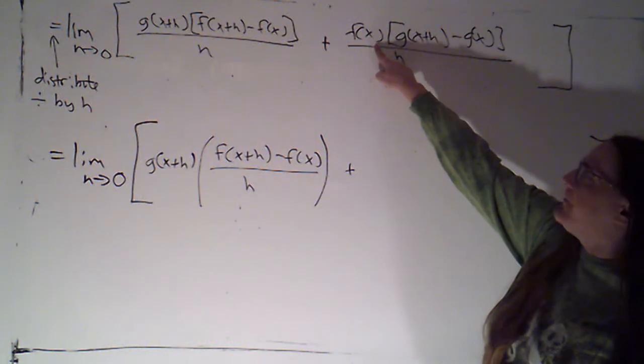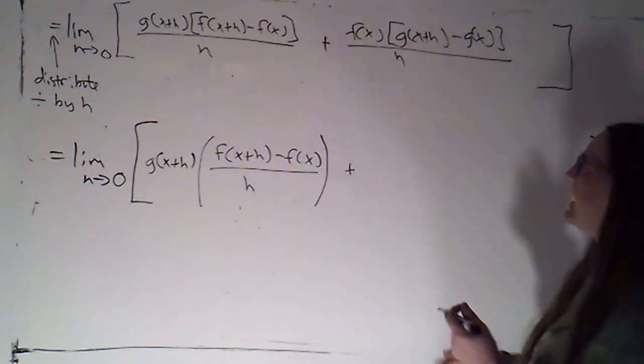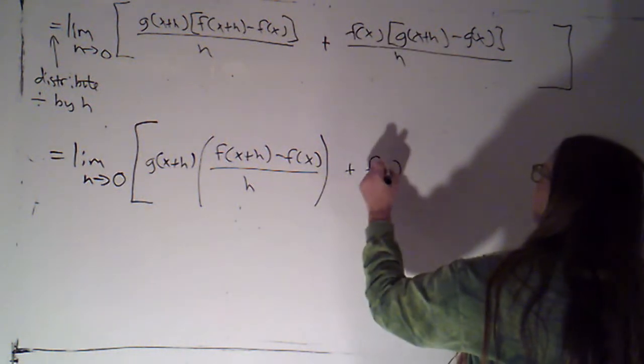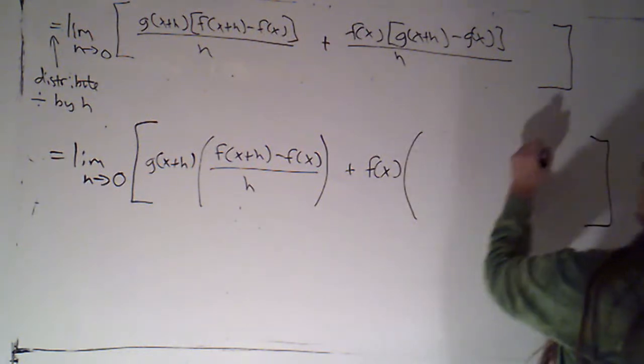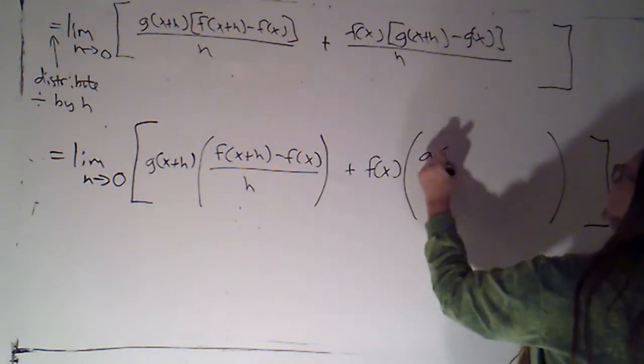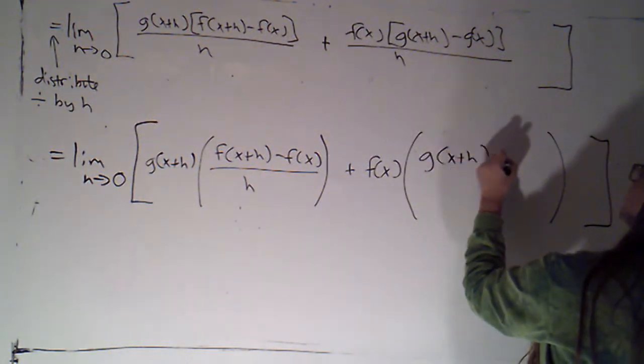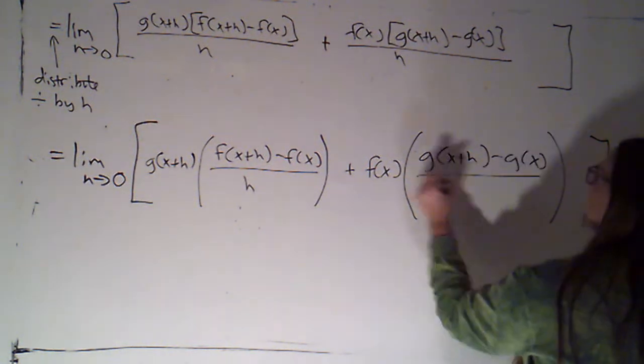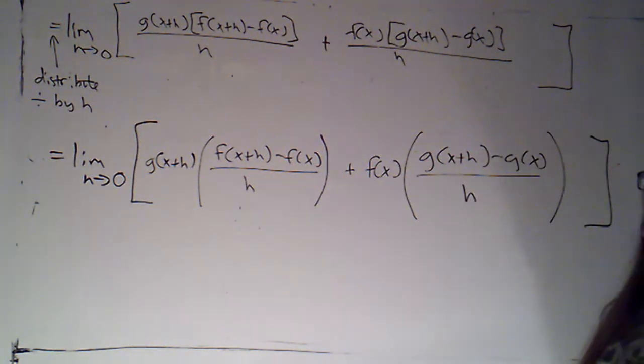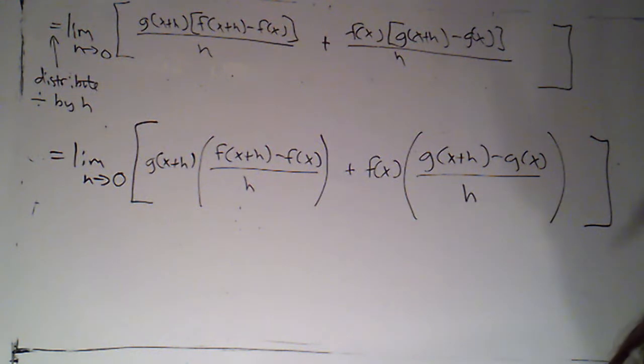I'm going to take that f of x, that first factor, and I'm just going to slide it off to the side, f of x, and that's multiplied by this fraction, g of x plus h minus g of x all over h. Okay. Now, all I'm doing is just rewriting the multiplication problem.